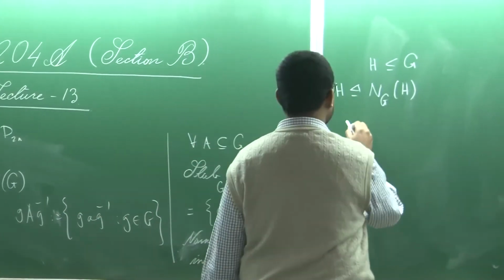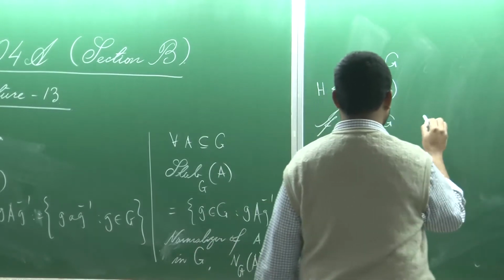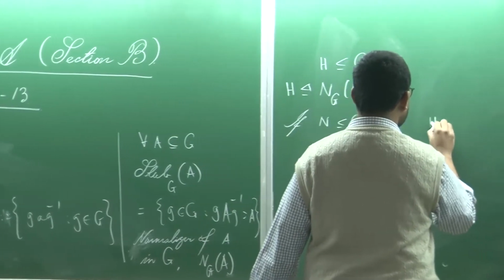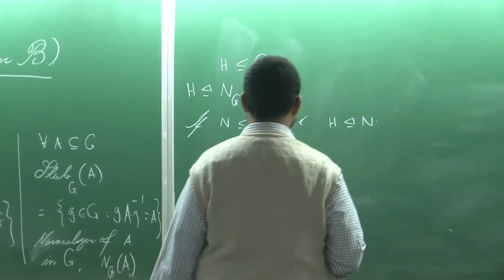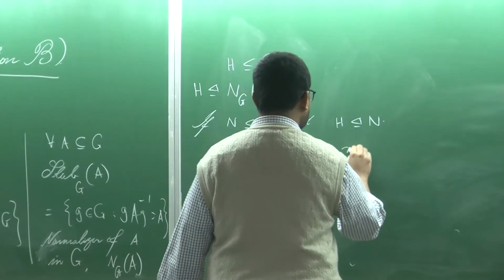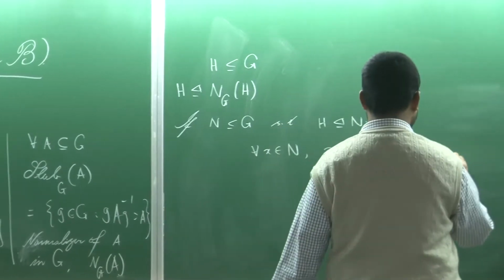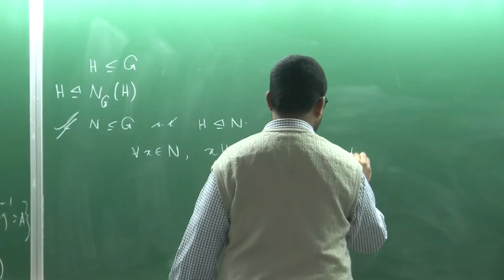Furthermore, if N is a subgroup of G such that H is a normal subgroup of N, then we can immediately see that for every x lying in N, we must have xHx^{-1} = H, which shows that x must be inside the normalizer.